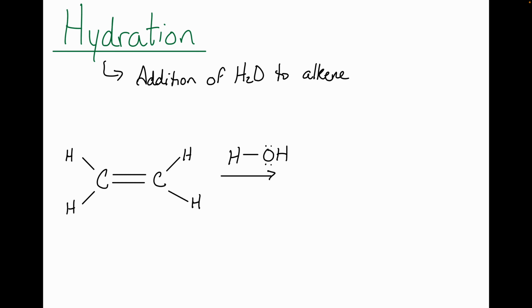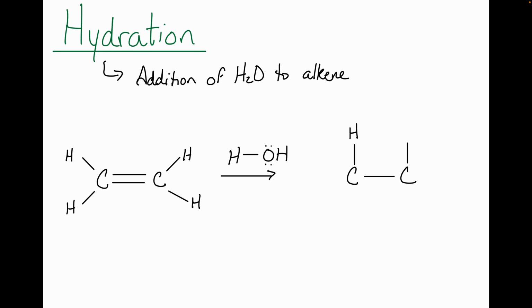Okay, so we're going to do our addition to our alkenes. So we're going to break our carbon-carbon pi bond here. So we just have a carbon-carbon single bond over here on this side. We've got 2 new bonds to those carbon atoms. What am I going to put on one side? And what am I going to put on the other side? The OH.